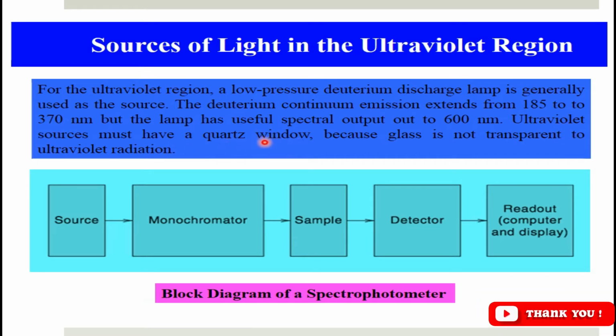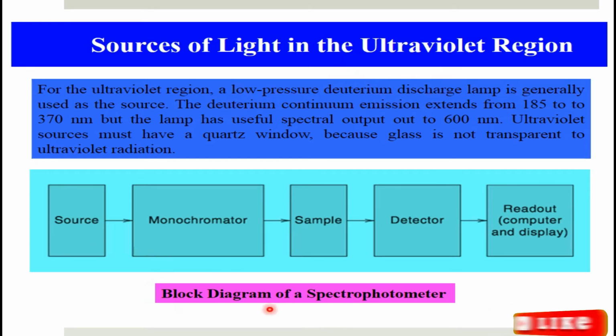After emission, the radiation should pass through a quartz window, because if the window is made of glass, it will absorb radiation and the intensity will decrease. Ultraviolet radiation is not transparent to glass, but to quartz it is transparent. This is also one of the requirements for the use of the low pressure deuterium discharge lamp.